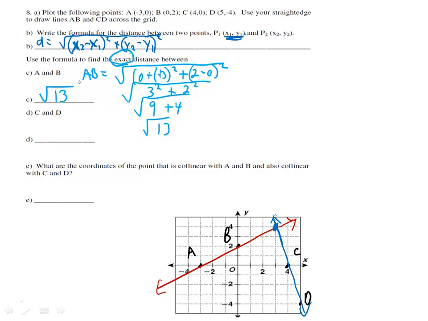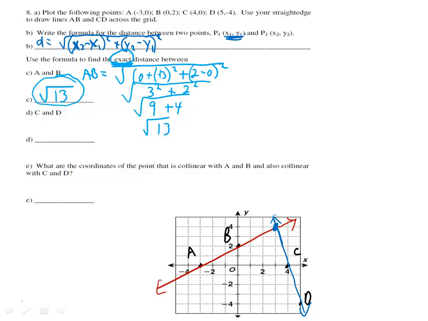A lot of you would go to your calculator now and get 3 point something for an answer. They want the exact distance. This is the only way to express the exact distance. Now if I'd had 16 here instead of 13, the square root of 16 is 4, a whole number, because 16 is a perfect square number.